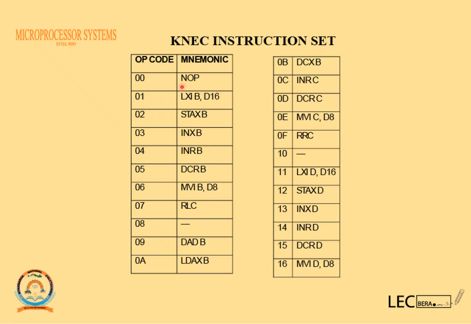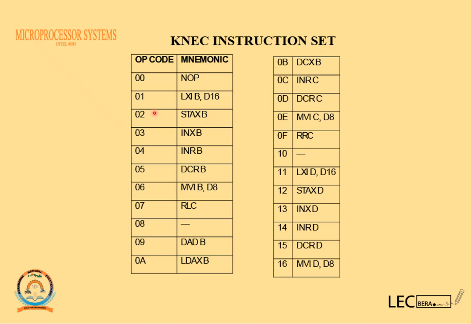So why do we have this opcode and mnemonic? Mnemonic is how human beings can easily write instructions or programs which can be executed by the microprocessor. But the microprocessor is not able to execute these instructions the way they are, so it has to translate the instruction to opcode.